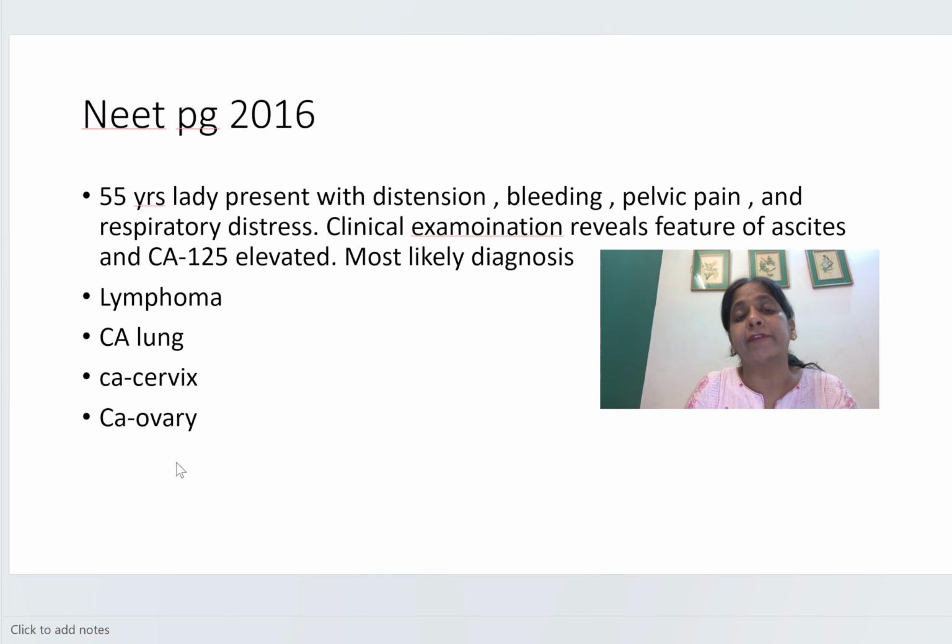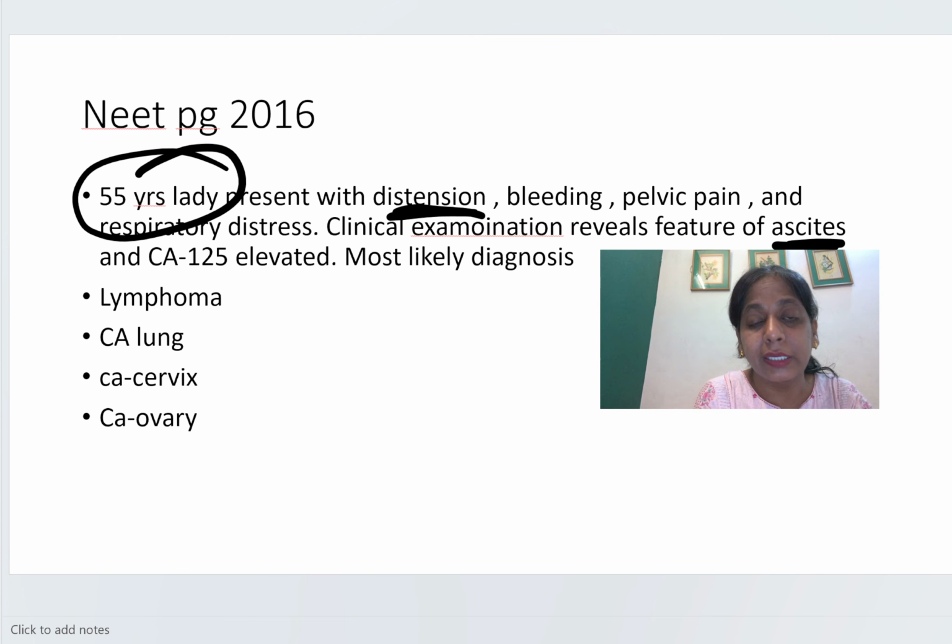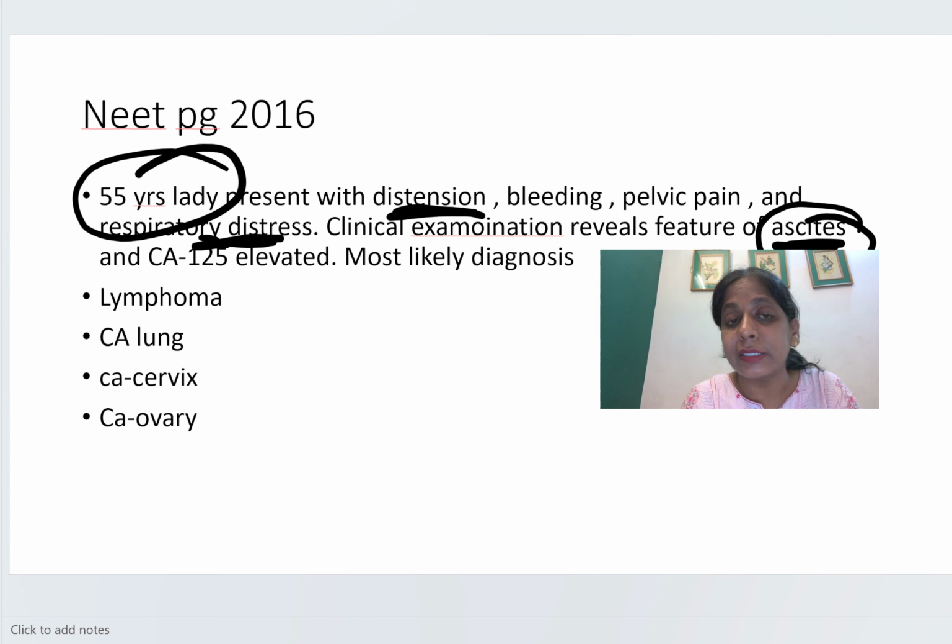Very beautifully they have given the clinical presentation of the patient. A 55 years old lady presents with distension, bleeding, pelvic pain and respiratory distress, and clinical examination reveals features of ascites. It means that there was a large ovarian mass, and there is also ascites.